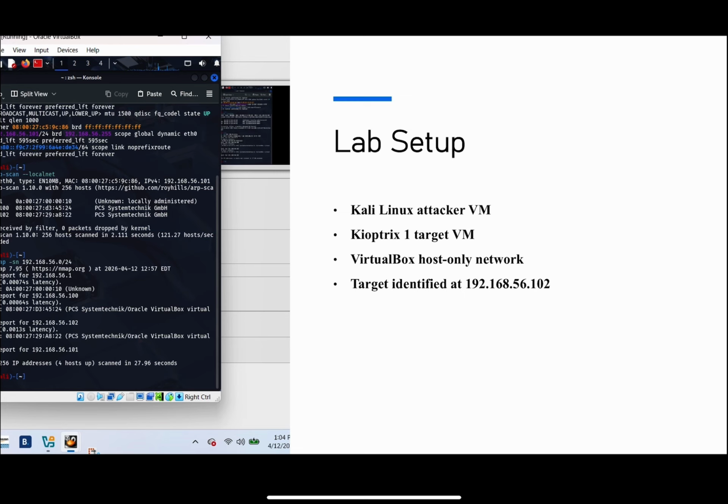After confirming the network settings, I identified the target on the 192.168.56.0/24 subnet and confirmed that the Kioptrix target IP address was 192.168.56.102.